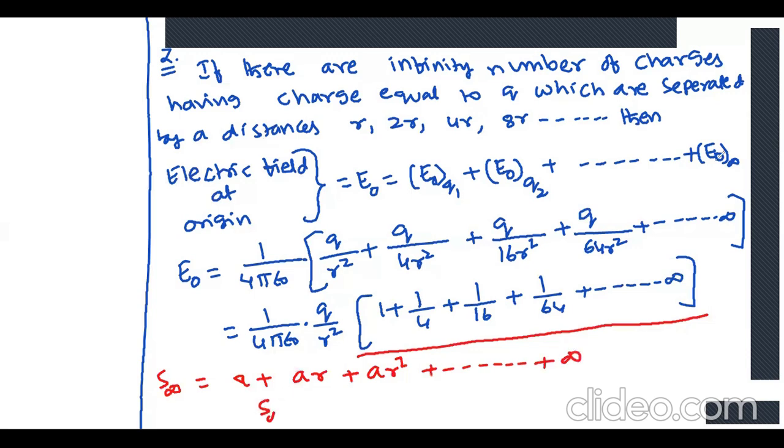The S infinity formula is a by 1 minus r. A means first term, right? R means second term by first term, or next term by previous term.